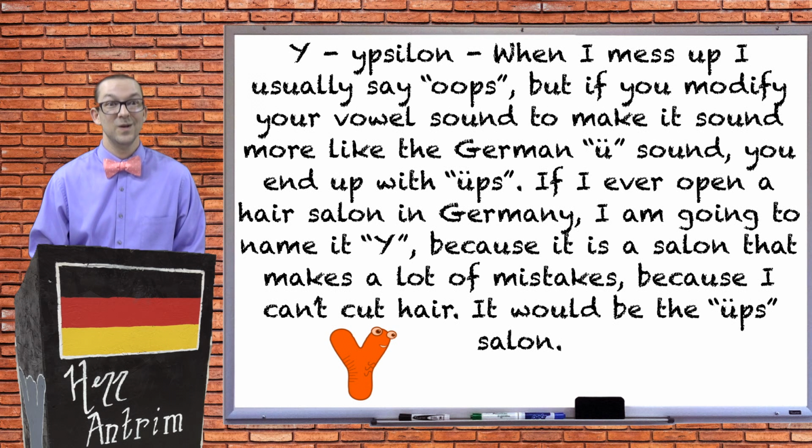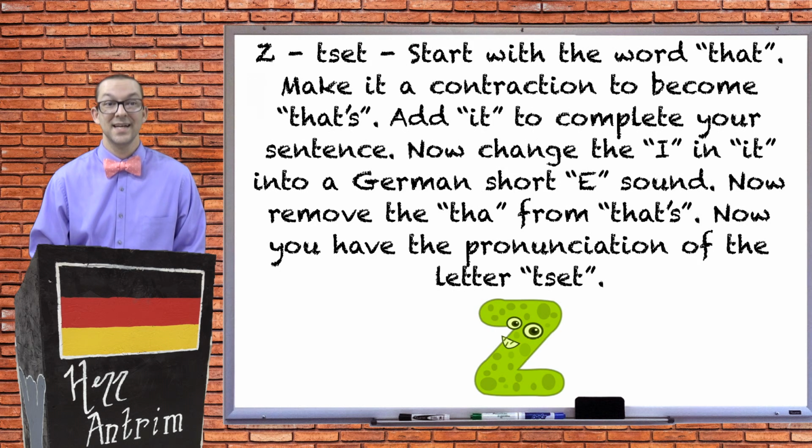Ypsilon. Z. Start with the word that, then make it into a contraction, that's. Then add it to complete your sentence and say, that's it. Now change the I in it to a German E sound, et, that's et.